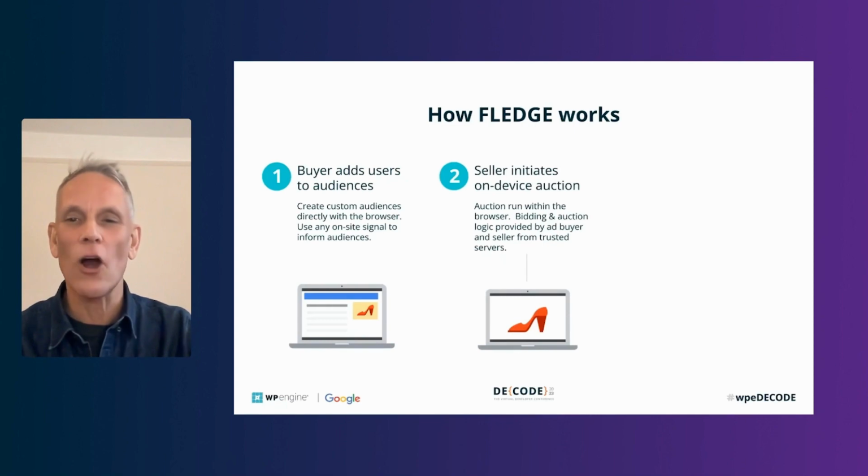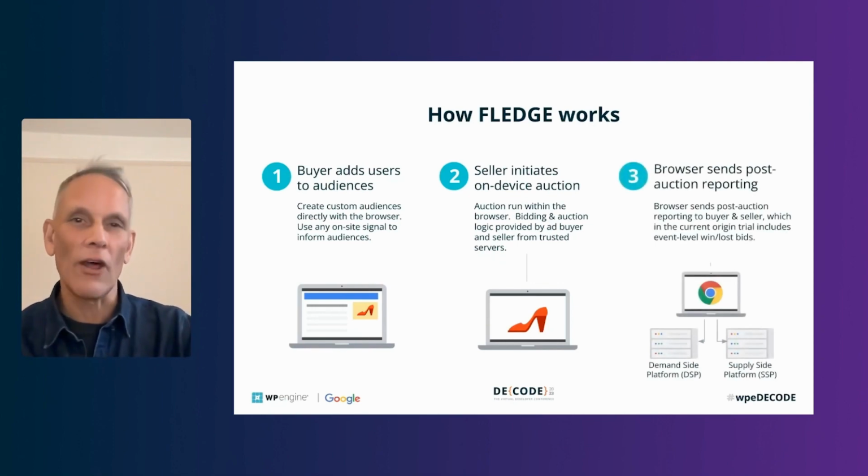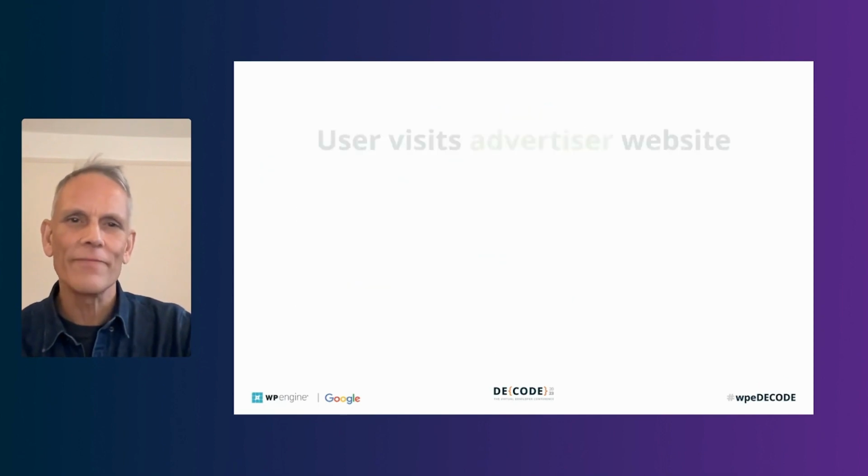And with Fledge, this auction can be run on the user's device. To select an ad, the auction code runs bidding logic from buyers and auction logic from the seller. And lastly, the browser does post-auction reporting to endpoints supplied by the sellers and buyers.